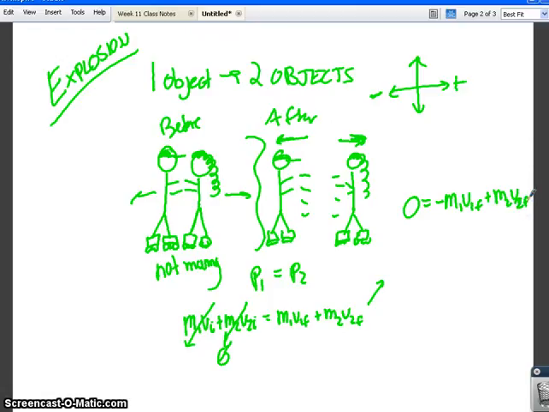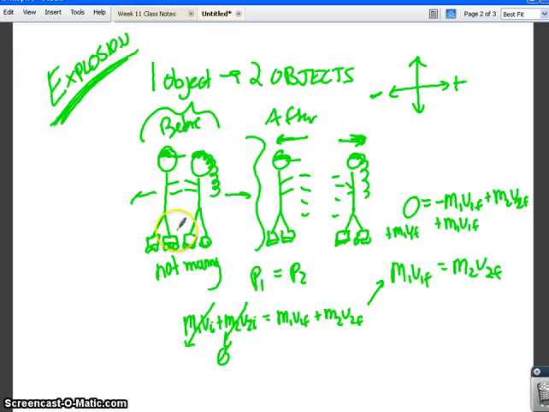And if we want to solve for any of this, we're going to add this to both sides. And we're going to get m1 v1 final equals m2 v2 final. And if you recognize this as an explosion situation, where one object, because these two are considered one object to start off with, this is the system, they split up into two, you can automatically go straight to this point right here.